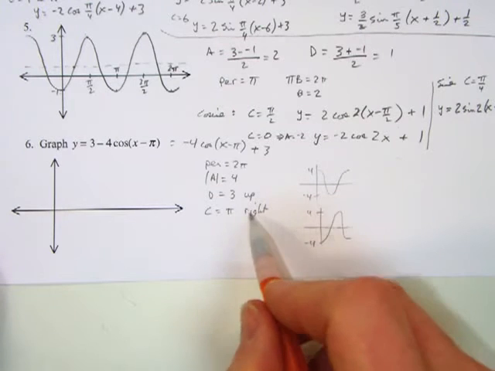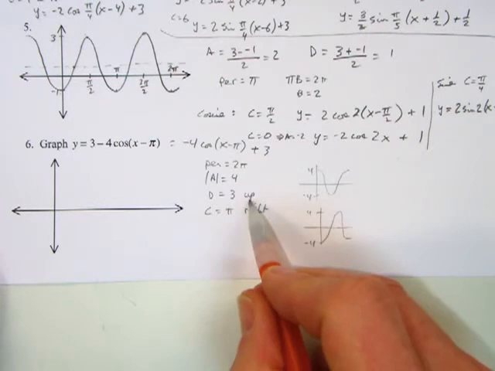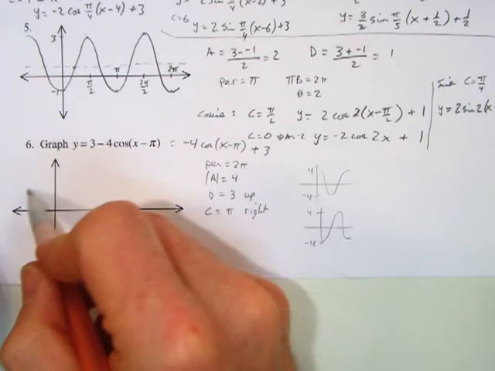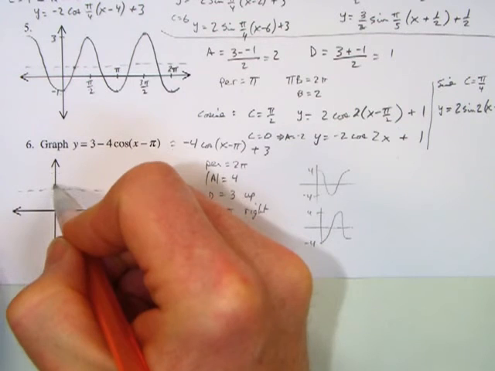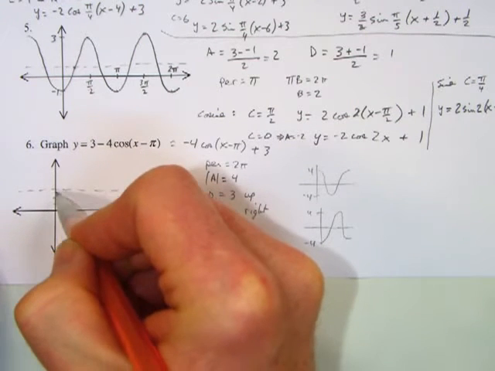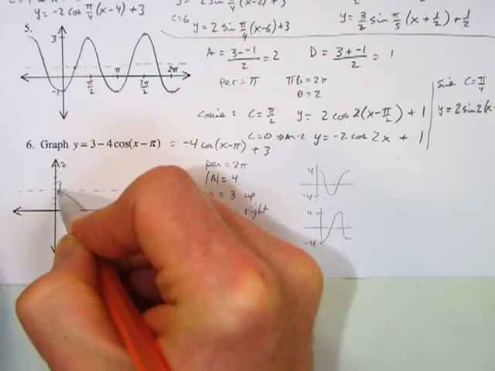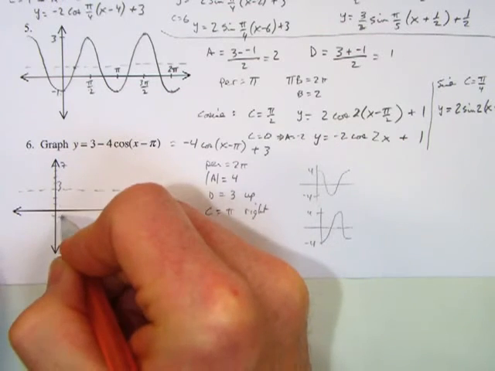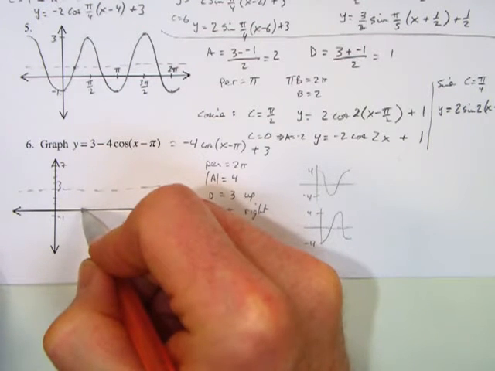This graph is going to be shifted pi units right and 3 units up. So let's go 3 here, and then from there we're going to go 4 up. 1, 2, 3, 4, and so that will be at 7, 3, and then it'll be down here at negative 1, and we'll go pi units right.